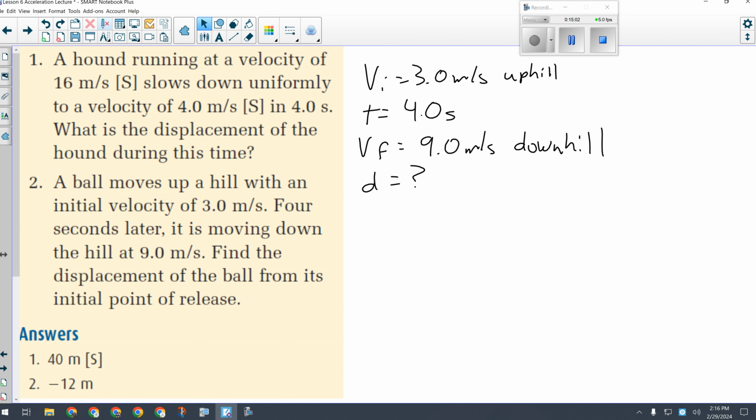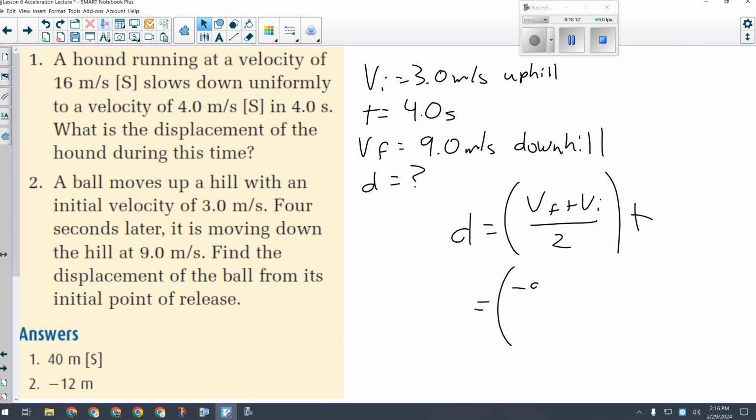So we're going to have D equals VF plus VI over 2 times T. When I plug in my numbers, that's going to be -9, I'm going to make downhill negative, plus VI, which was 3 meters per second up the hill.